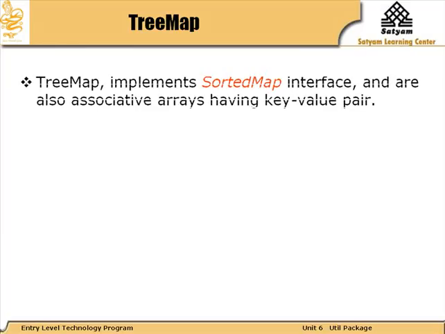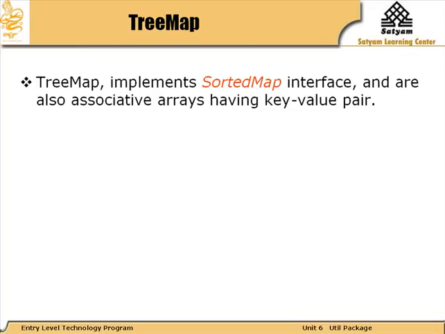TreeMap. The class TreeMap implements the SortedMap interface, and as discussed, also is an association of key and value pairs.